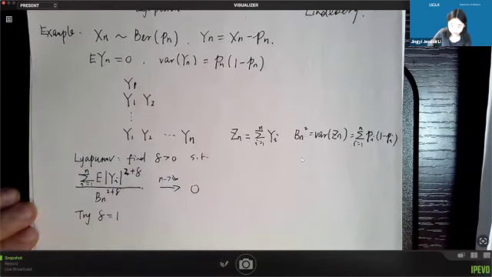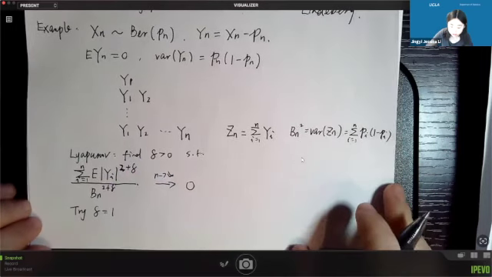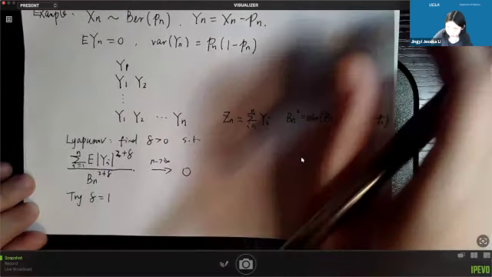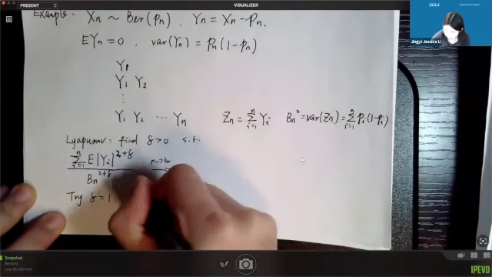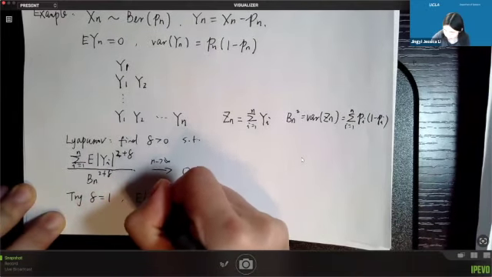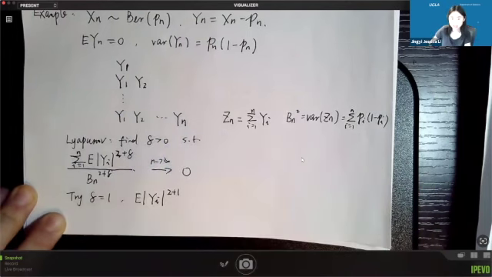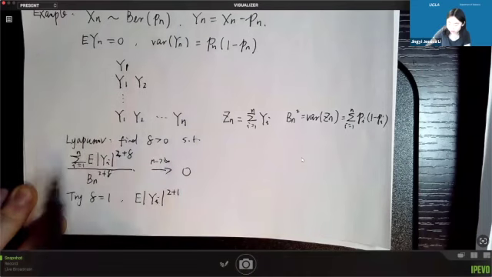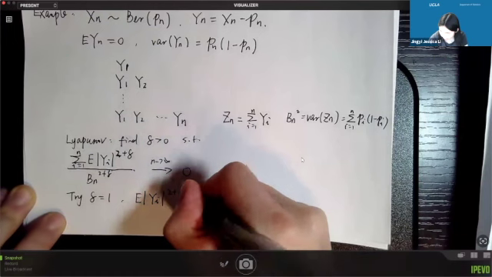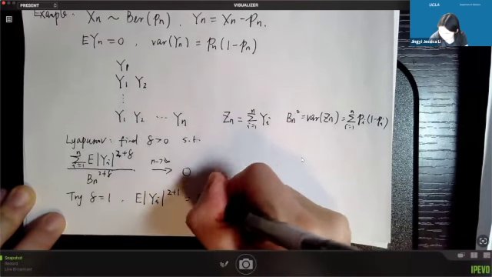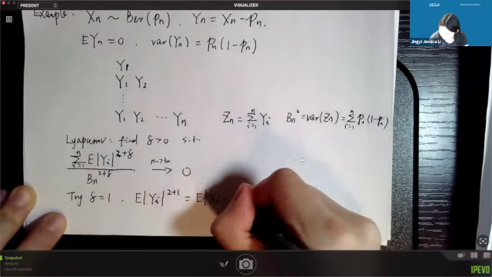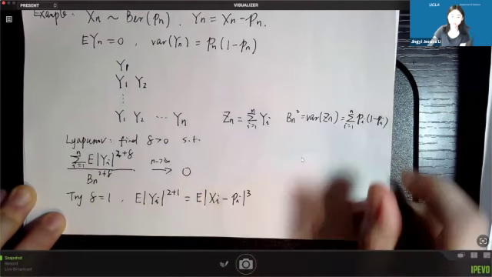Essentially, we can see the expectation of Yi to the power 2 plus 1. That's cubic, right? We can easily write it out because every Xi is Bernoulli. So it's the expectation of Xi minus Pi to the power 3.